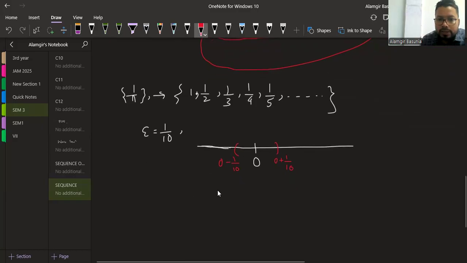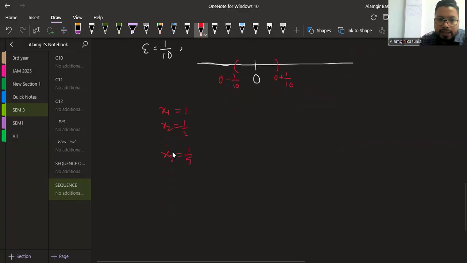Now, what is the value of x1? The value of x1 is 1. x2 is half. Up to x9, you will get 1 by 9. Then x10 is 1 by 10, x11 is 1 by 11, and so on.